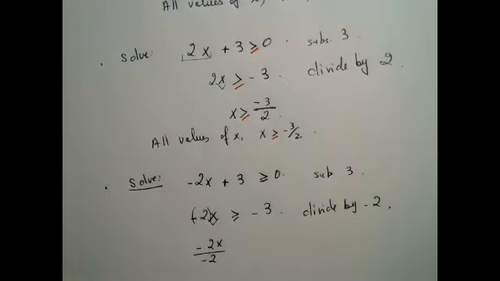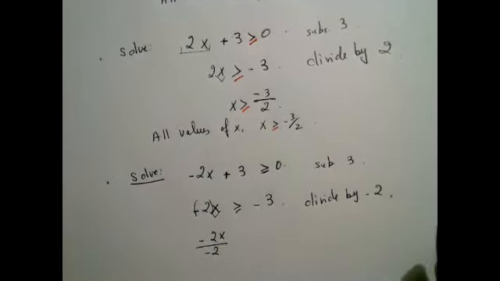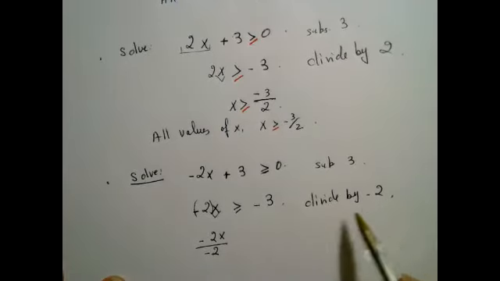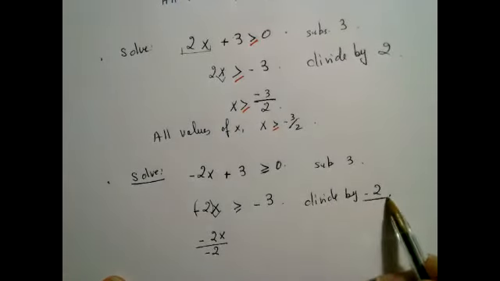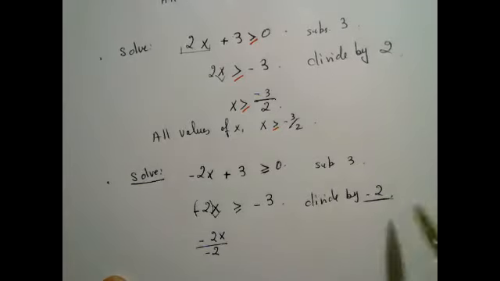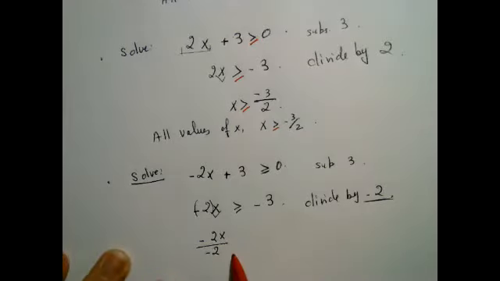But what do we know about inequality? If I have an inequality and I multiply or divide by minus 2, how will this affect the inequality? Anybody? How will this affect the inequality? If I divide by a negative, I have to flip the sign, and that's crucial.